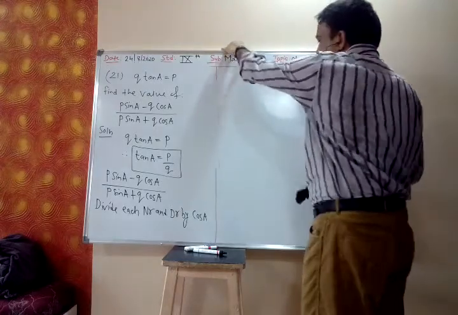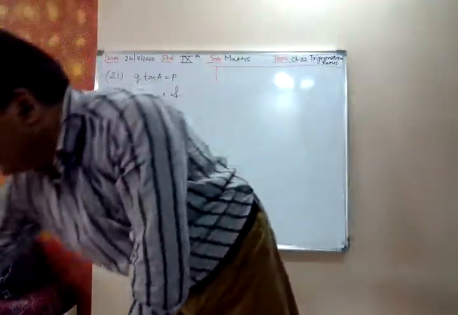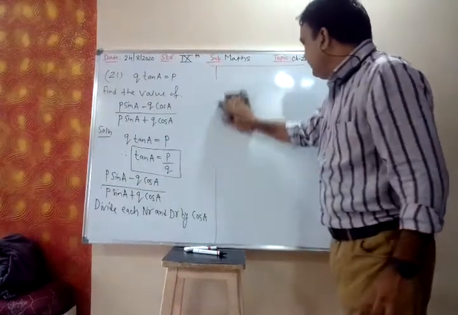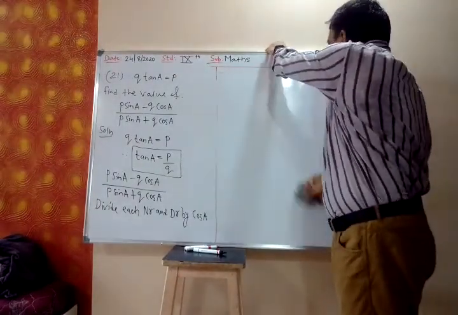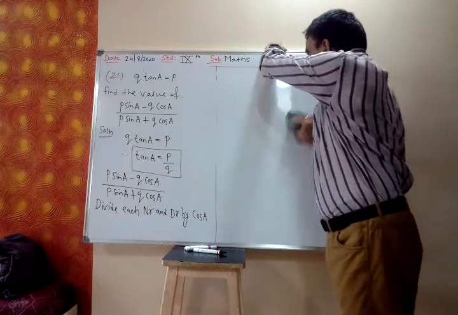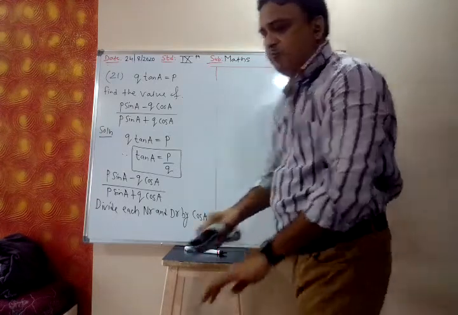But remember this: whenever you have the value of tan A, and if it is asked to evaluate sin cos, then go by the second method. Divide each term of numerator and denominator by cos A.